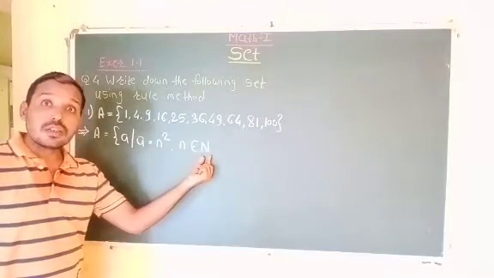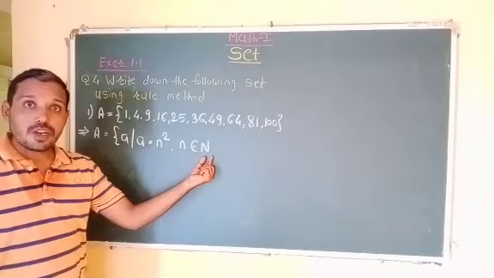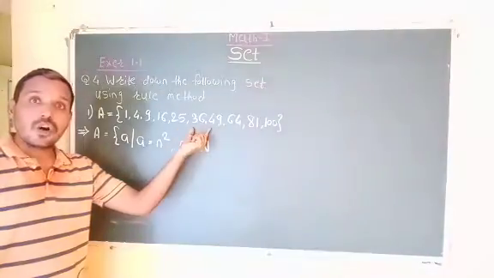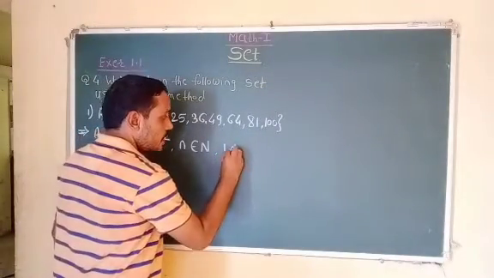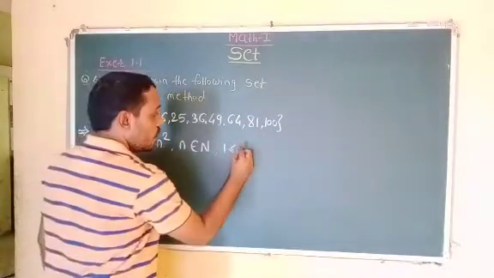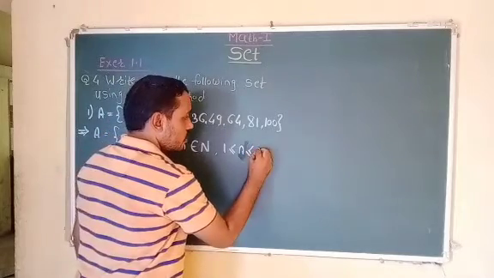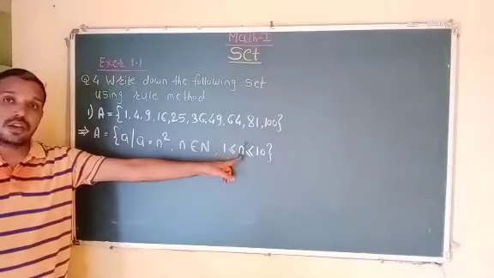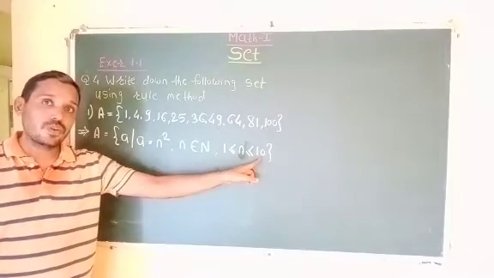That n is a natural number, but the natural numbers are infinite. So how do we restrict it? We say 1 is less than or equal to n, and n is less than or equal to 10. 1 is greater than or equal to 1, or 10 is greater than or equal to 10.